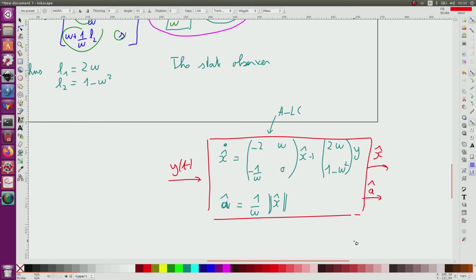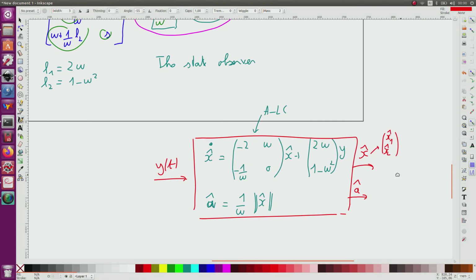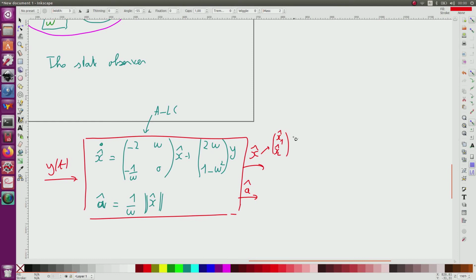So since I have x1, so this one corresponds to x hat 1, x hat 2, if I want to get the filtered signal, I will take this one. I will divide by 1 divided by omega, and I will get y hat.